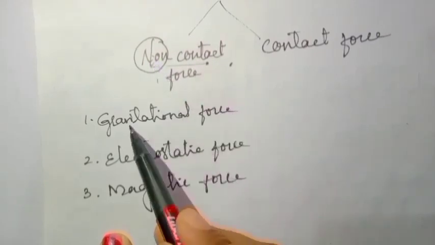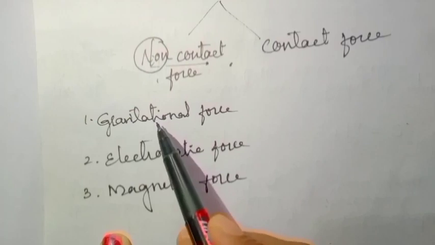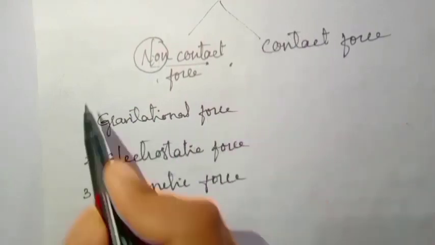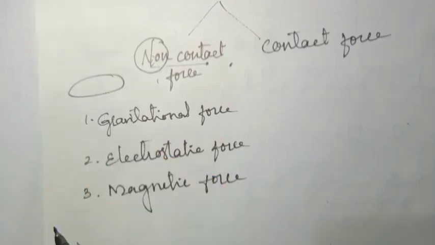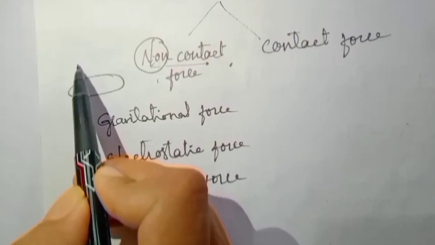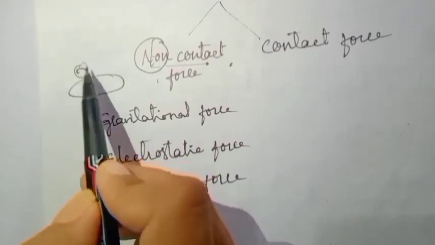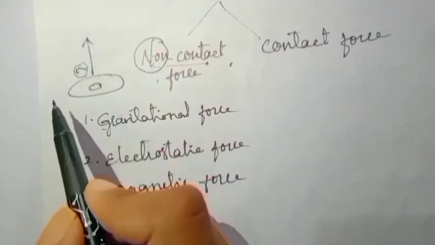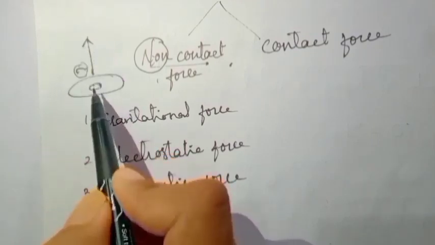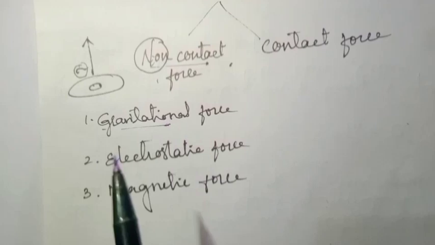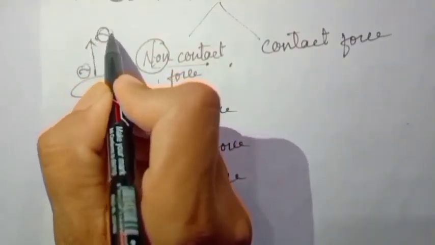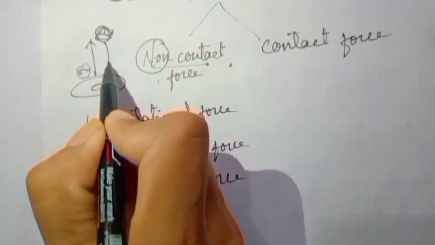If you consider the earth, and you throw an object from the earth, let's think that you are throwing a ball and the ball is traveling in this direction. What happens when the ball is thrown vertically upwards? The gravitational force comes into play to bring that thrown ball back to the earth.